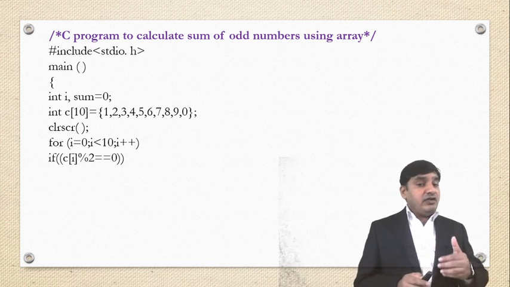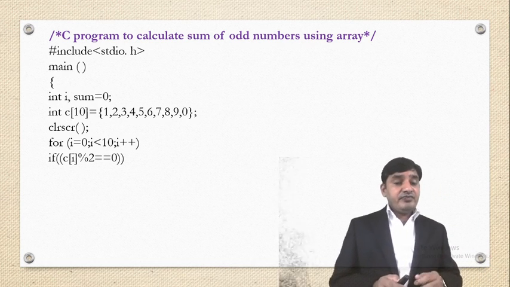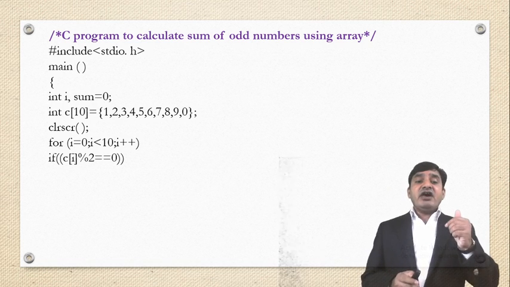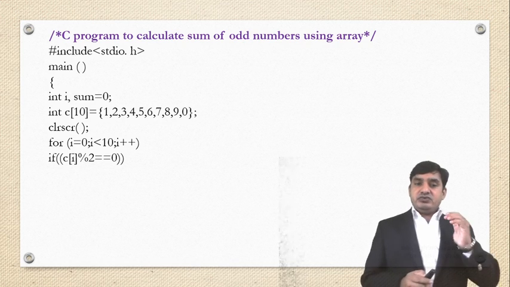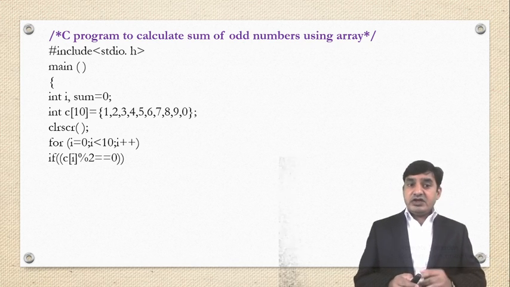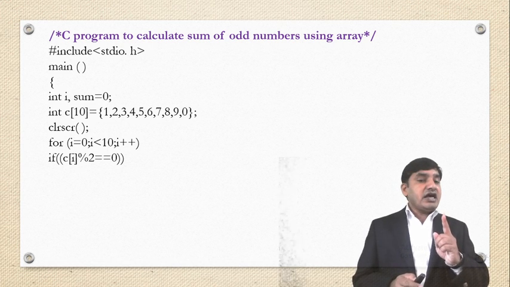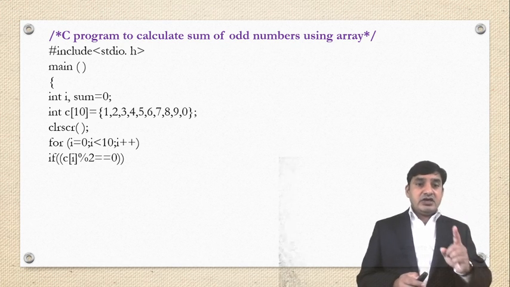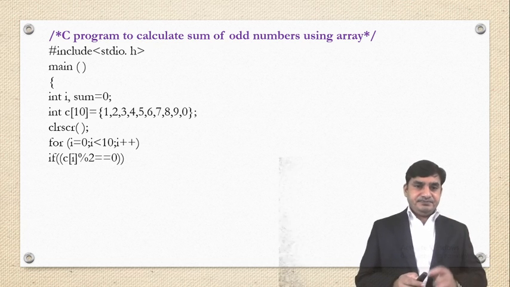If c[i], c is the array, i is the index we initialized, is divided by 2 and the remainder is 0.